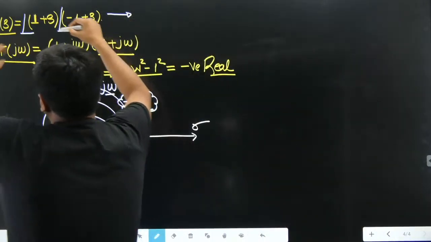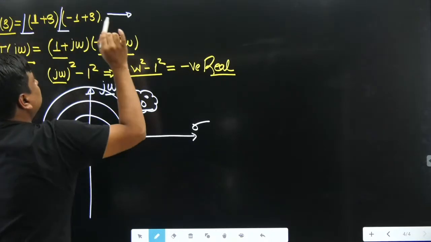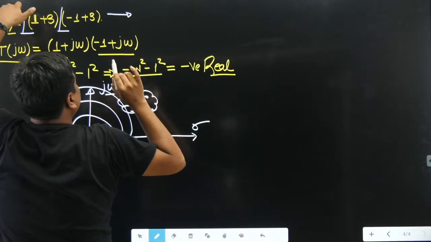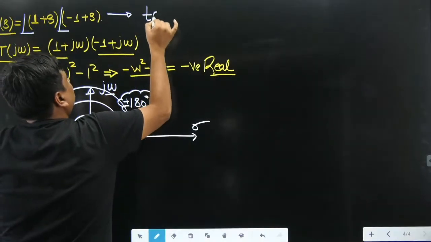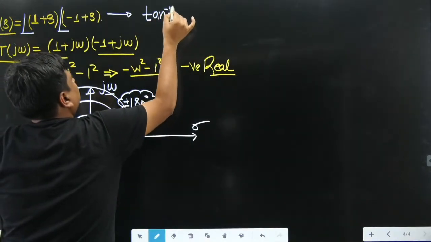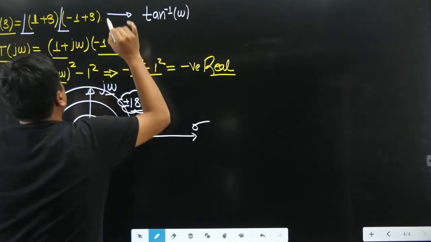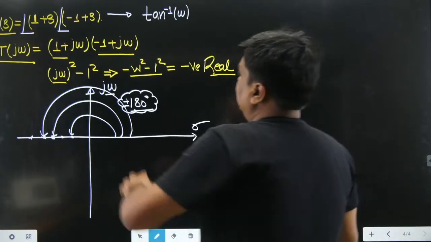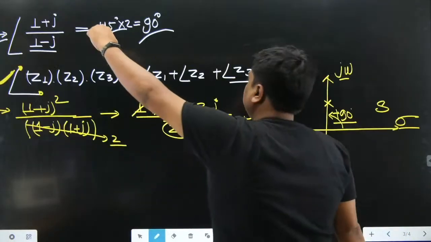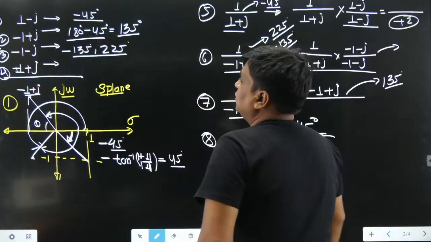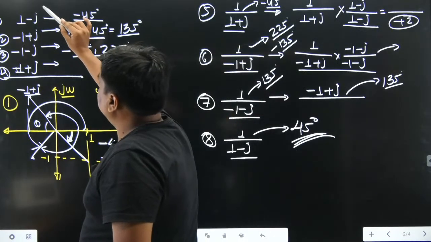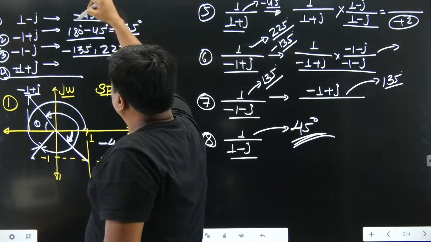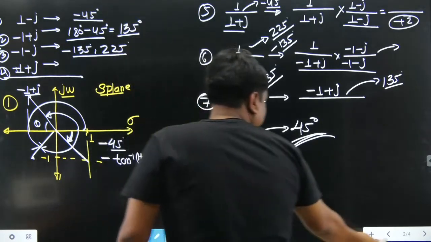Agreed though? So may I know what had been the angle which would be offered by the 1 plus s? So imaginary part is omega, and similarly real part had been 1. So from the trigonometric ratio, the angle which would be offered by the first factor is tan inverse omega. And similarly, the angle which would be offered by minus 1 plus s, you yourself would be able to understand, what it had been, 180 minus 45, there it would be 180 minus tan inverse of omega.